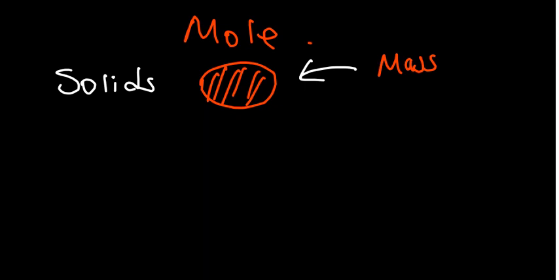The element that it is. So if you look at the periodic table, it will be able to give you the molar mass of that solid that you have. So you can consider, for example, if you have sodium, right? Sodium is a metal. So you're able to weigh your sodium to get the mass, and then you're also able to get the molar mass from the periodic table because the periodic table tells us what the molar mass is.